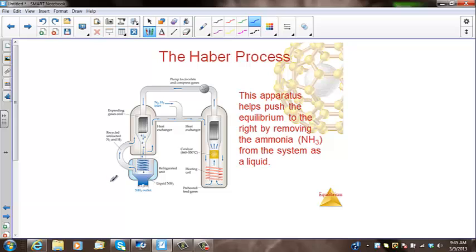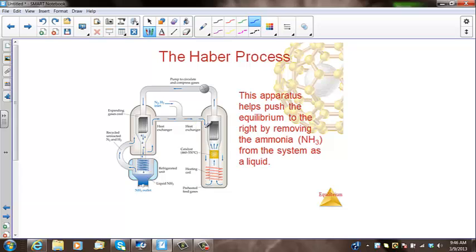And this just shows you the apparatus that's used in the Haber process. It pushes the equilibrium to the right by removing the ammonia. So here's the ammonia, and as that's removed, this increases. So you have preheated feed gases. They go through here.